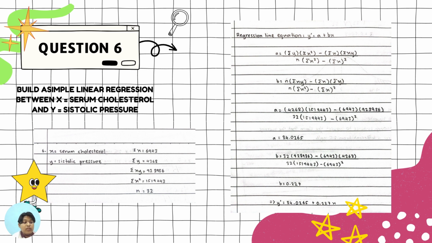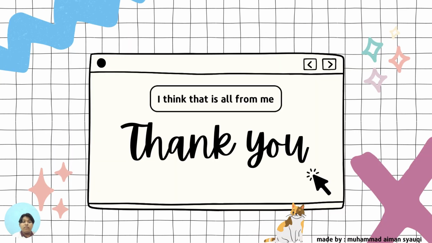Regression line equation equal to y prime equal to a plus bx. So when we put all the data, the sum of x, sum of y, sum of xy, sum of x squared and n equal to 32, we put all the data in and we got the answer y prime equal to 84.0265 plus 0.227x. So that is the answer for question number 6.